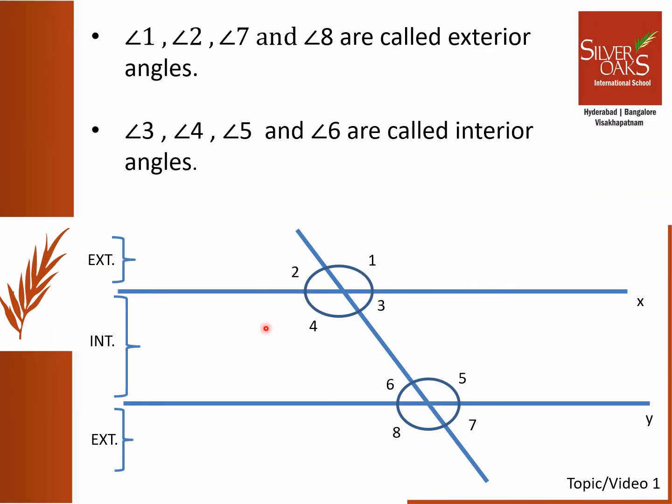Now, this is the exterior part of the angles and this is the interior part. So 1, 2, 7, 8 are called exterior angles and 3, 4, 5, 6 are called interior angles.